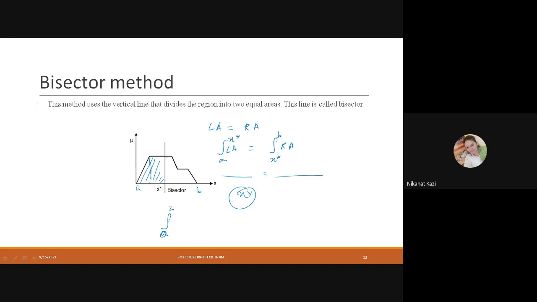Then this to this, but I don't know till where to consider. y equals whatever the membership value is, because that line is parallel to the x axis. I don't know, when you solve it you will come to know. I also said initially that there'll be one equation, one unknown, so you can solve it. But then his doubt, when we solve it, we'll come to know what exactly.